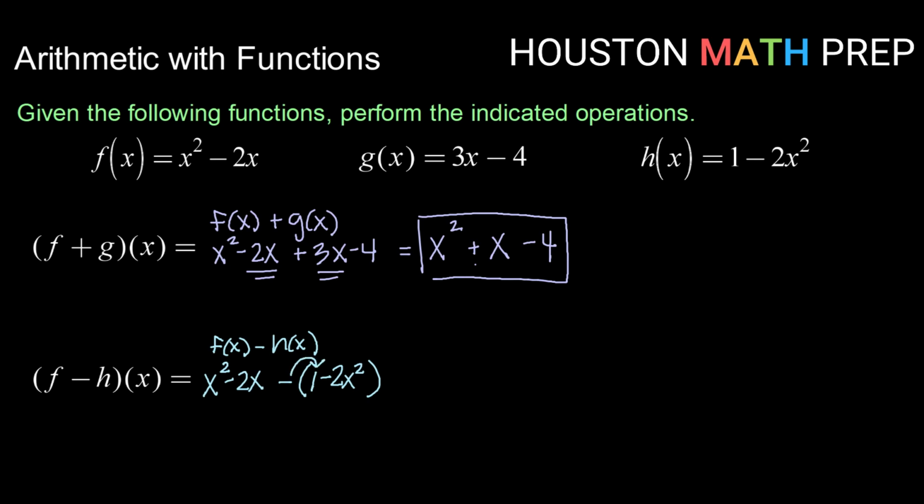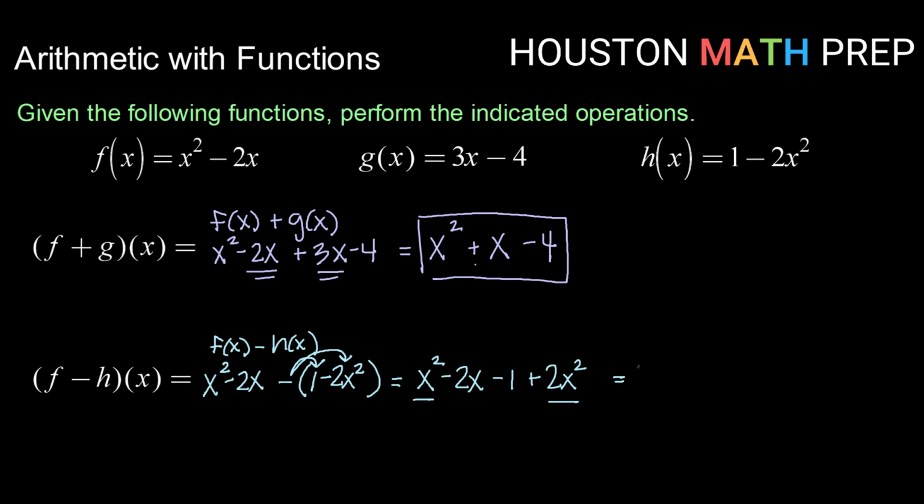So we'll actually need to start here by distributing that negative. That will give me x squared minus 2x minus 1 plus 2x squared. And then just like before, we want to combine any like terms. In this case, our like terms are our x squared terms.